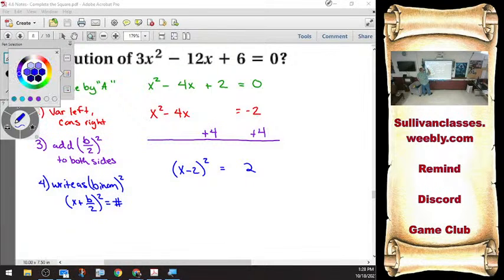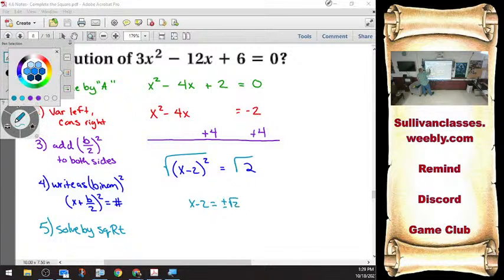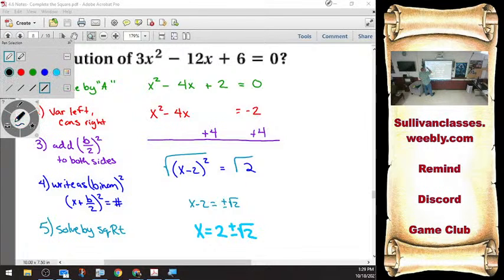And finally, I can solve by square roots. If I square root this and I square root this, we got x minus 2 is plus or minus square root of 2. Can I simplify the square root of 2? So when I add that 2 over to the other side, my answer stays ugly. This is called a compound number.